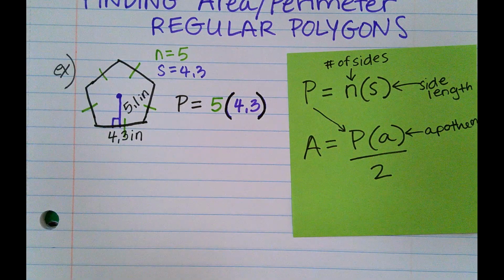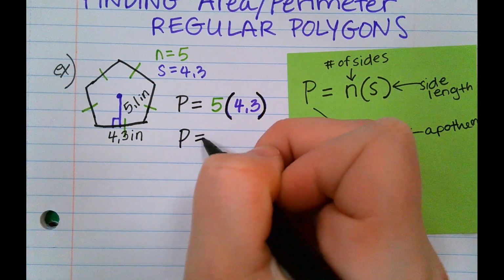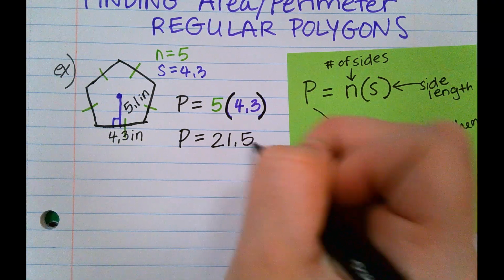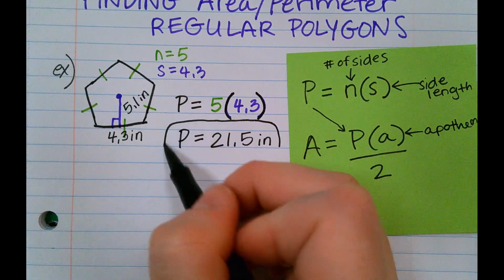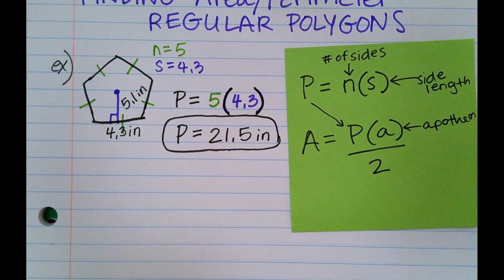And what do we get when we multiply 5 times 4.3? 21.5. What are my units? Inches. Good. 21.5 inches. Nice. Got that.